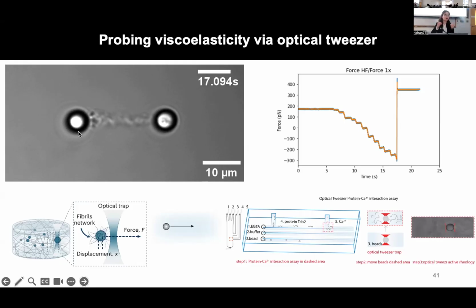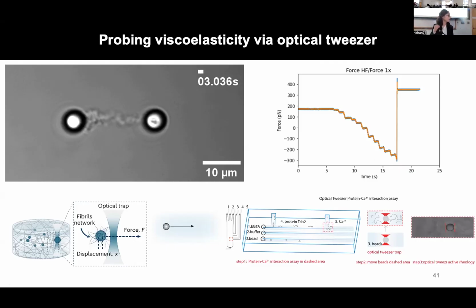When we are controlling the beads, we can get two pieces of information. First is of course the time, how much we move, but the most important is that we can track the bead velocity and know the bead displacement. More importantly, when we are moving it, we can know the force we used to move the bead.